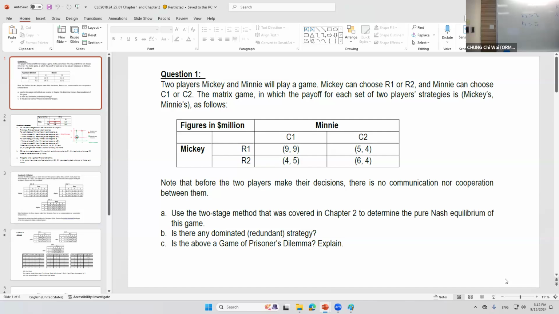Let's check whether there is a Nash equilibrium or not, and then check whether this is a prisoner's dilemma game. If you consider this a prisoner's dilemma game, say why; if you consider it not a prisoner's dilemma game, say why.